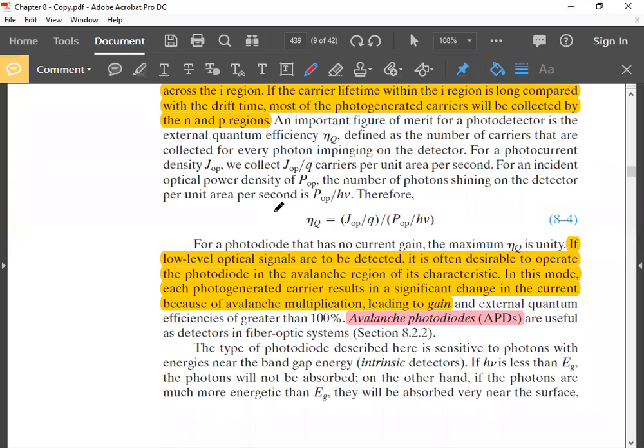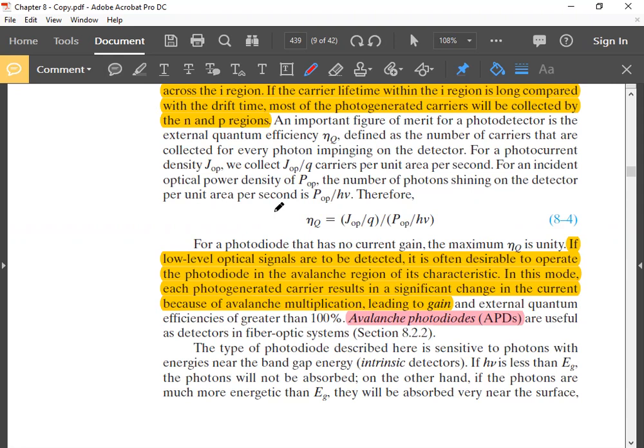It is the same as the avalanche breakdown process. For example, one electron is generated by optical absorption, but that electron can cause impact ionization and create another electron. So two electrons are generated. That's how current gain is obtained.